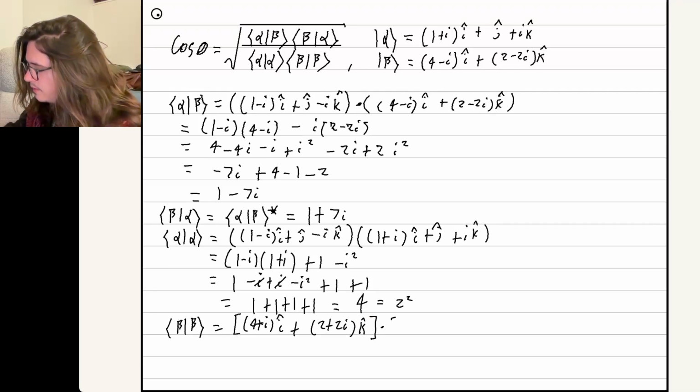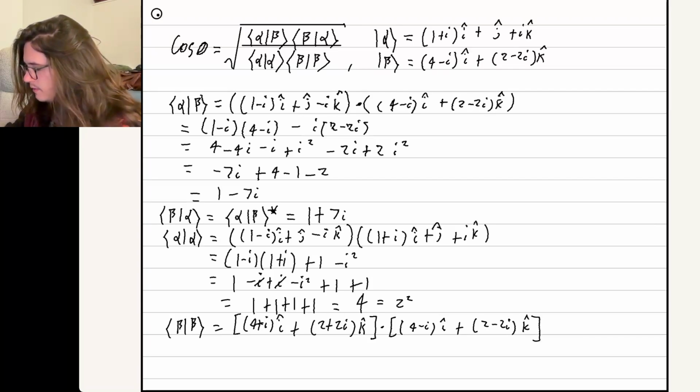That's dotted with (4 minus i) hat plus (2 minus 2i) k hat. And so we've got (4 plus i) times (4 minus i) plus (2 plus 2i) times (2 minus 2i).